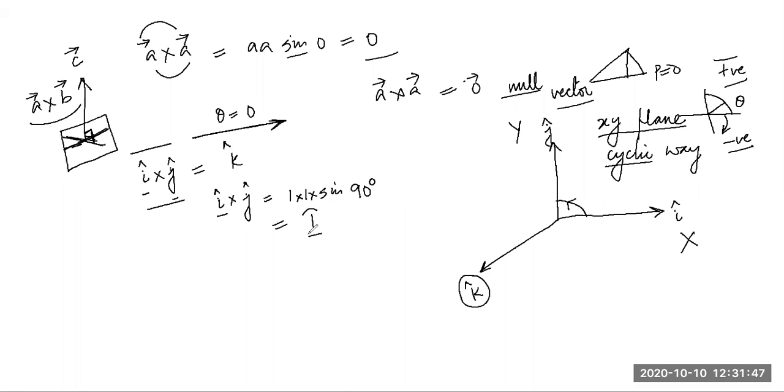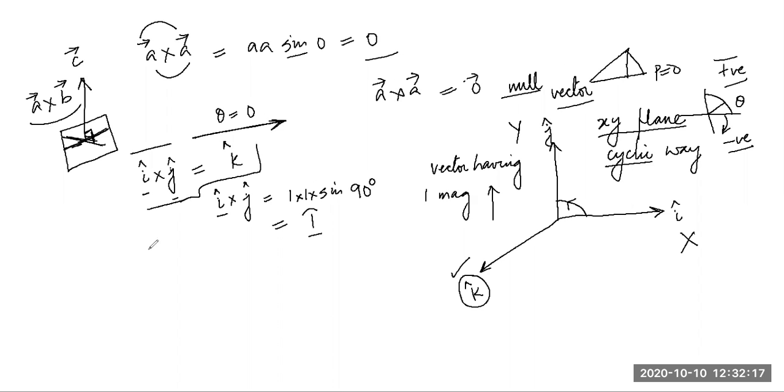Come on, guys. Towards z axis. And a vector having magnitude 1 and towards z axis is known as k cap, the k vector, and hence the result.